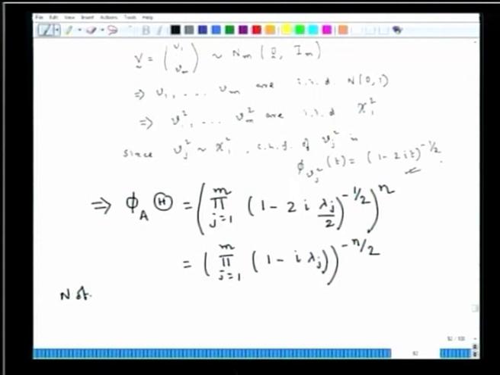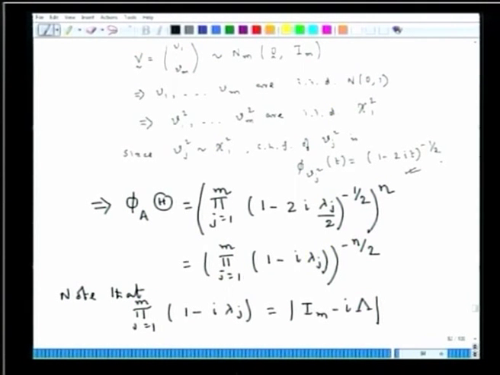Note that this product over j equal to 1 to m of 1 minus I times lambda j can be written in terms of the determinant of two diagonal matrices. What are those? This is Im minus I times capital lambda. The resultant matrix is also a diagonal matrix with elements 1 minus I times lambda j, and the determinant of that diagonal matrix is just the product of the diagonal entries. So this is equal to this.